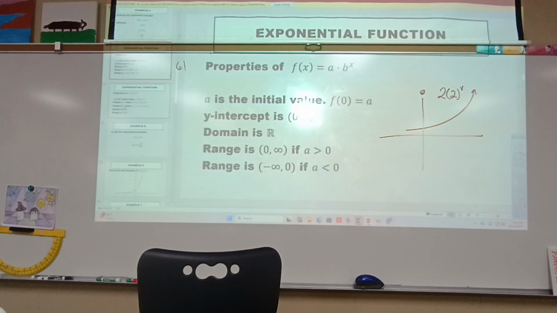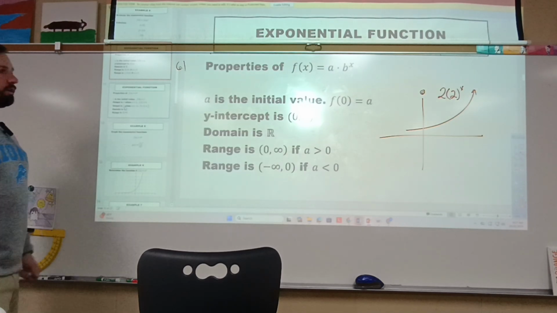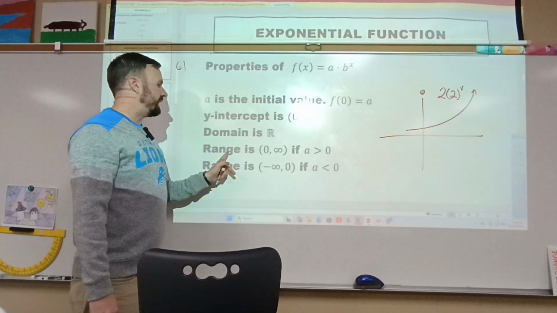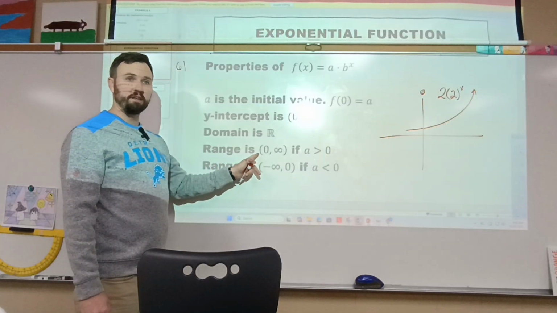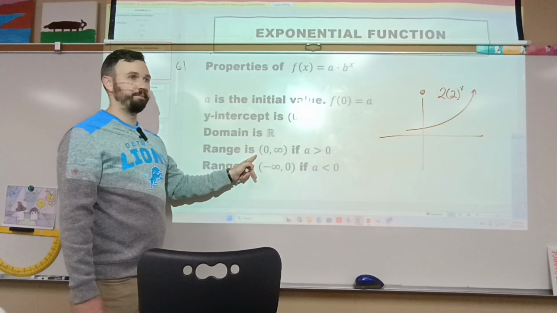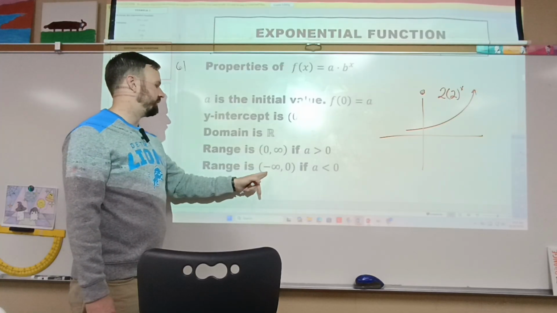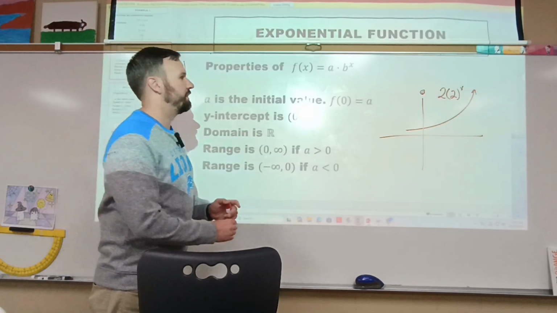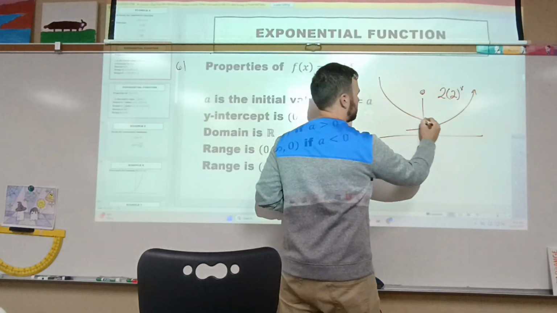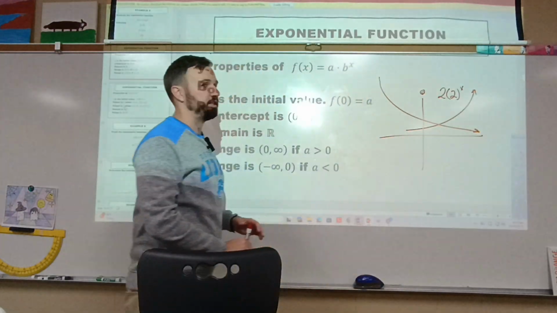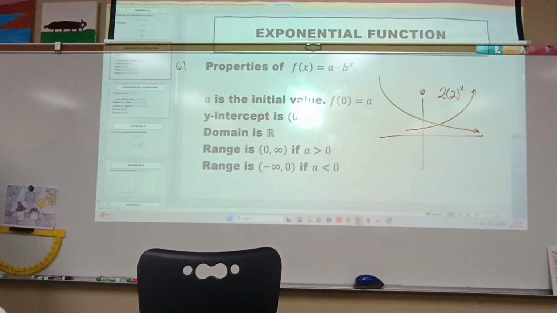Because when I plug in negatives, I get decimals. So my range is always from 0 to infinity. Okay? And I can't touch 0. And just like if it's the opposite way, if it's my investments, a decay, it still can't go negative, right? My money just goes to 0. They won't let me take out loans because of my bad investment history.